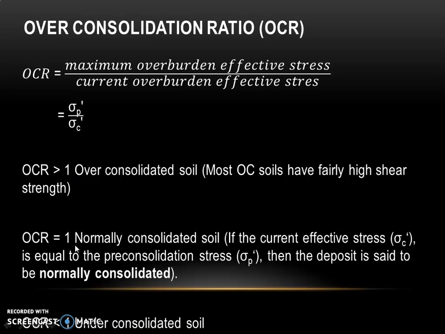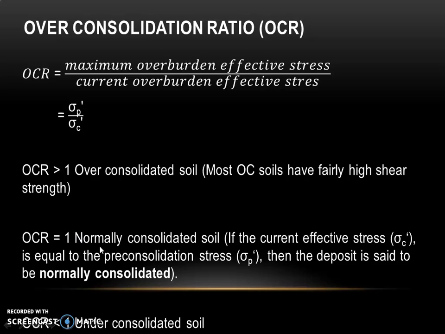If OCR is equal to 1, then the soil is referred to as normally consolidated soil. That means current effective stress, that is sigma C dash, is equal to the pre-consolidation stress sigma P dash. So, sigma P dash is equal to sigma C dash, hence OCR is equal to 1.